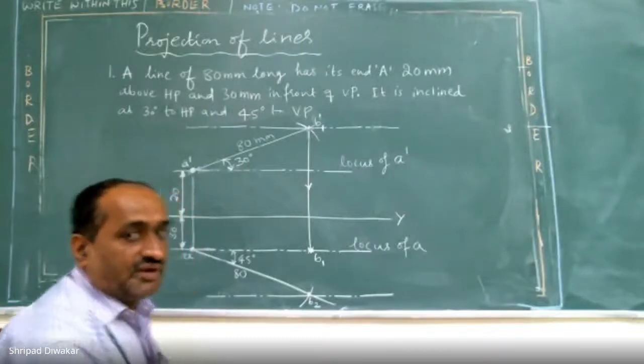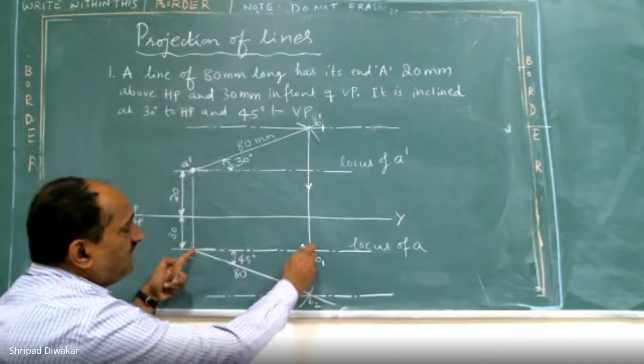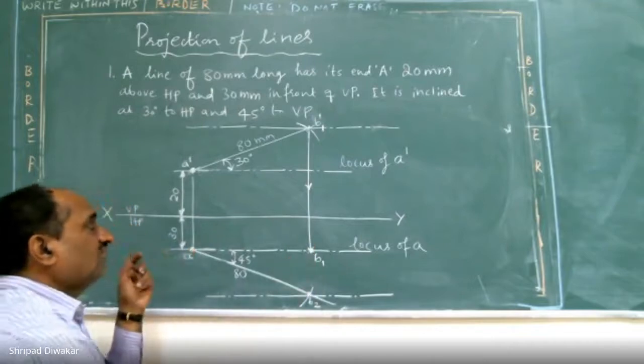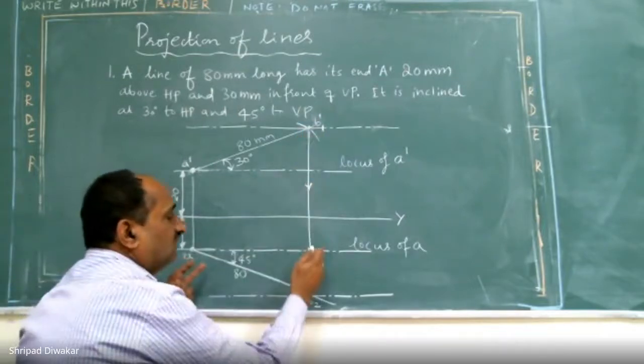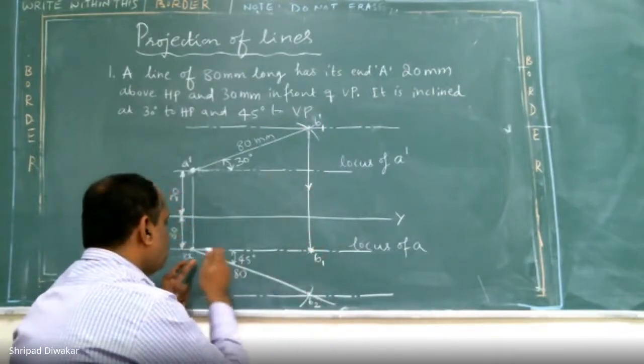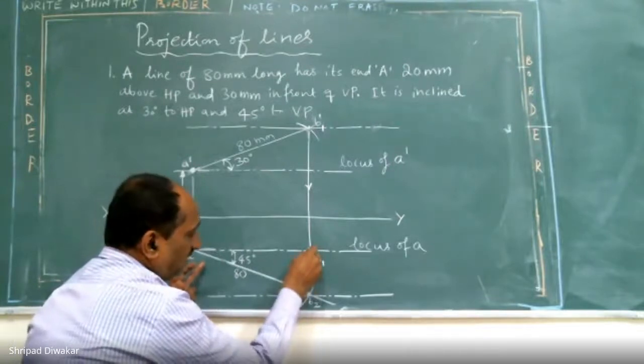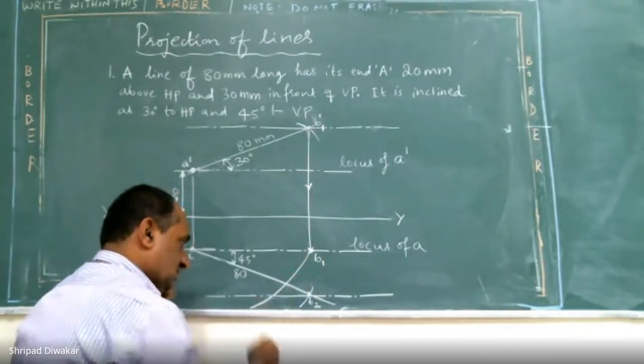After drawing this line up to the locus of A, mark that point as B1. Next step, take A as center, AB1 as radius, and draw the arc in forward direction like this.